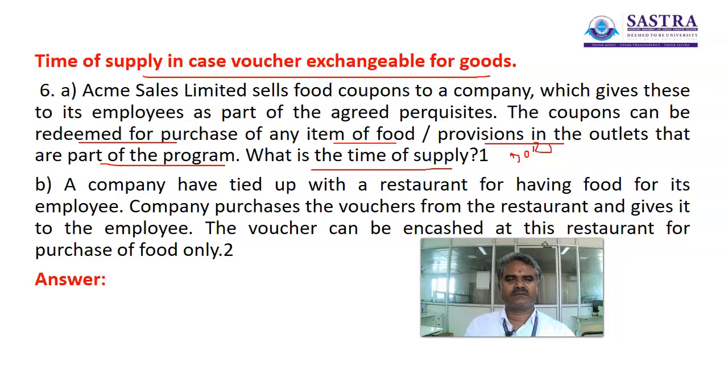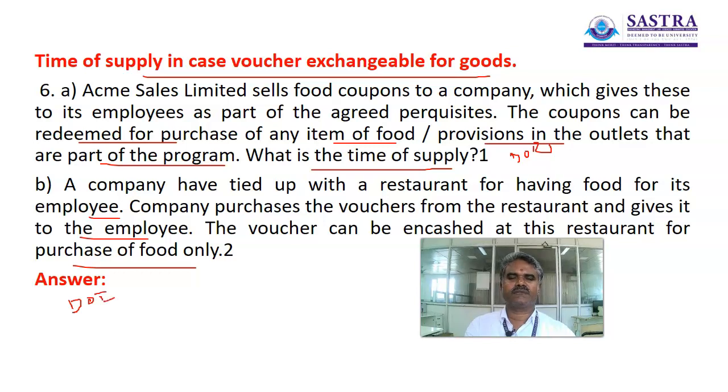Date of redemption. Here, the company has tied up with the restaurant for food for its employees. The company purchases vouchers from the restaurant and gives them to the employees. The vouchers can be encashed at the restaurant for the purchase of food only. So in that case, date of issue.